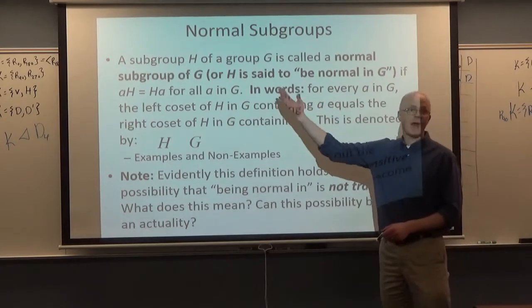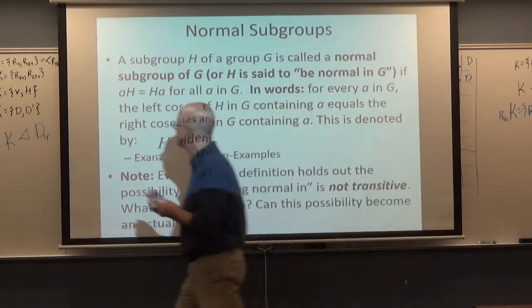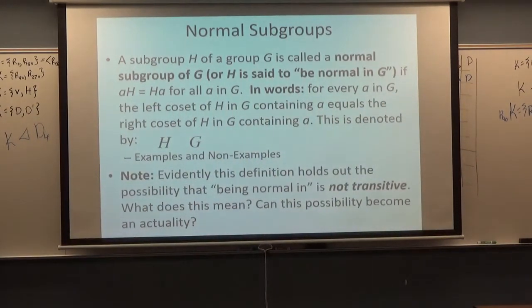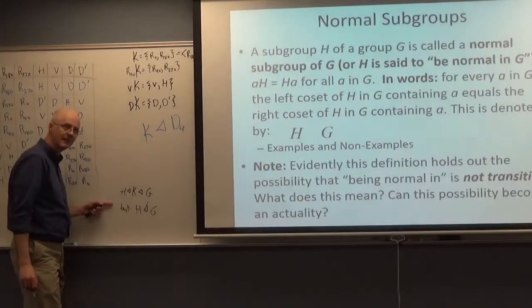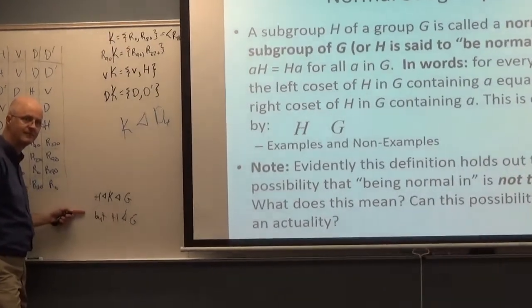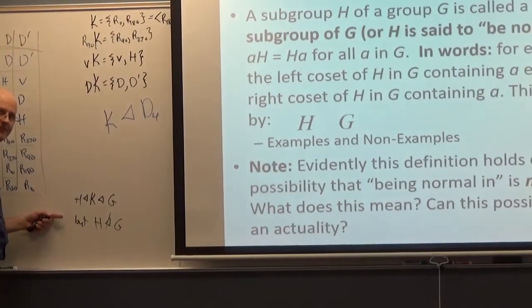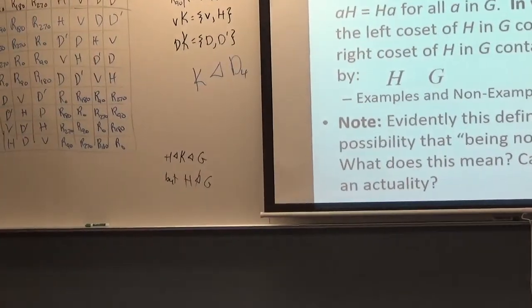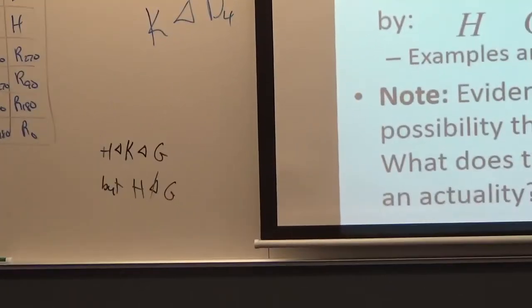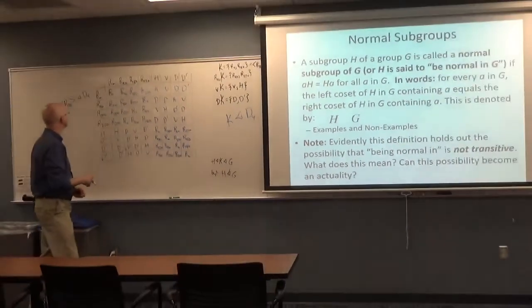There are examples where H is a normal subgroup of some subgroup K, and K is a normal subgroup of G, but H is not a normal subgroup of G. That does happen. There are examples of it. Okay. I think, in fact, the example can work in D4, which is what these Cayley tables are related to.